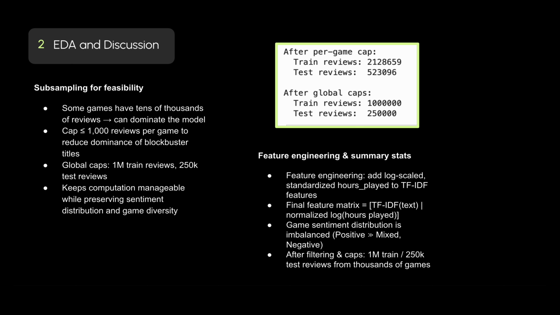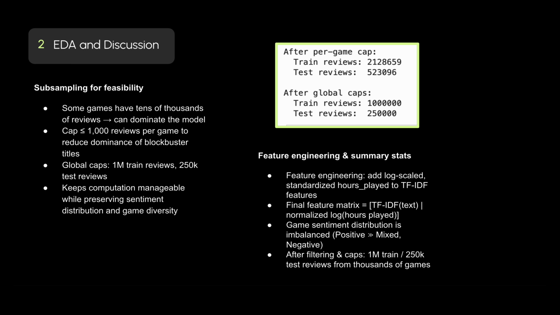So we get that 75-25 split there, and that'll produce a data set that still maintains some diversity across games and sentiment distribution, but it's reducing the influence of large games, so to prevent skew.